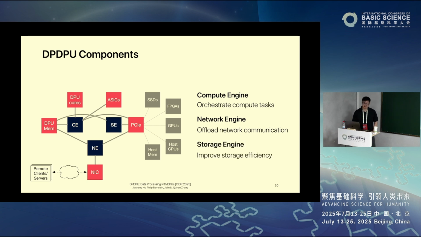And finally, we have a storage engine that targets storage efficiency. It's going to use the DPU memory and also PCIe access directly to SSDs. Okay, so these are the three components, and I'm going to talk about each of them in detail.